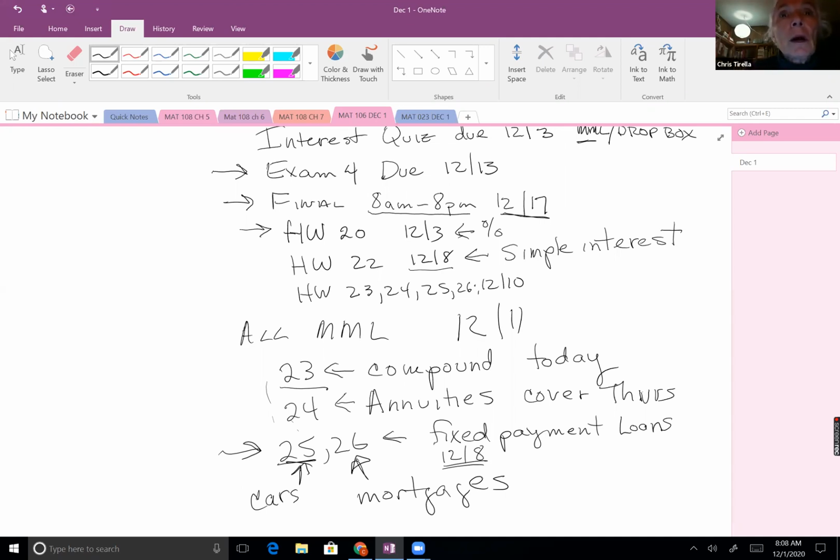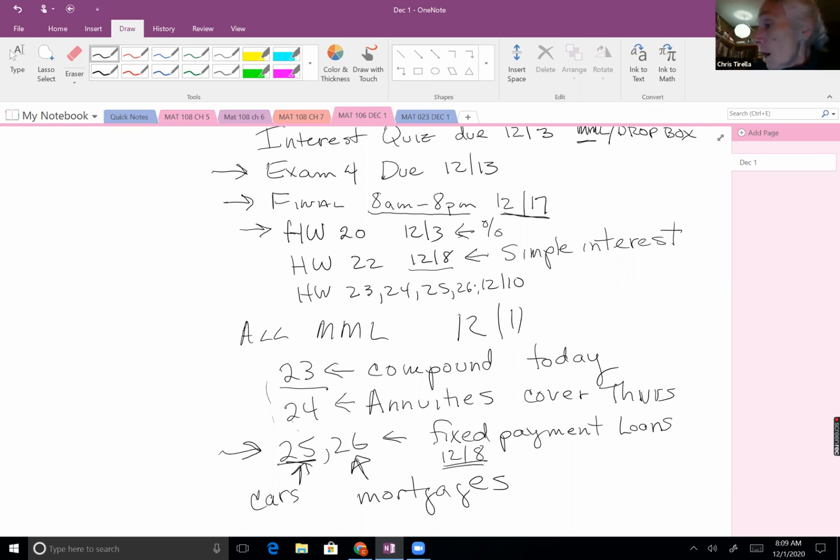This is going to be a project where you have to either look online or in the newspaper or Zillow or somewhere and find a house that you want to buy, and then use the formulas that we'll be coming up with in that loan payment section to figure out what the mortgage payment would be for a 15-year mortgage and a 30-year mortgage at the current interest rate in Niagara County, which you'll look up the day you do the project because those interest rates vary daily, and then decide which is the better choice.